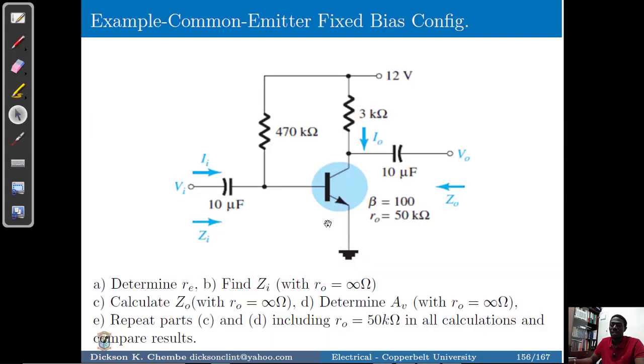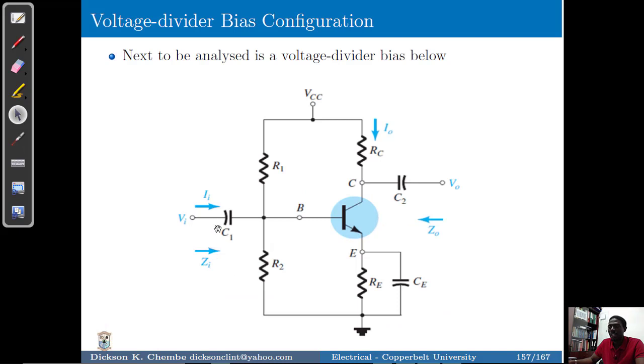The common emitter bias example, we'll look at it later on. I'll show you how we determine it. And then we'll also look at how we analyze and solve the voltage divider bias.